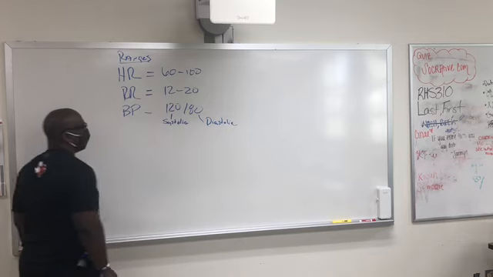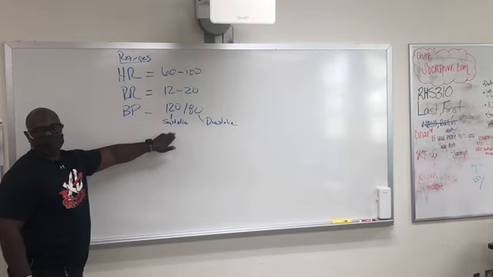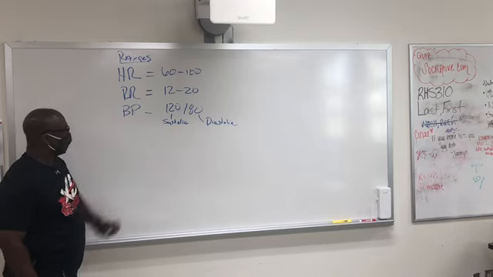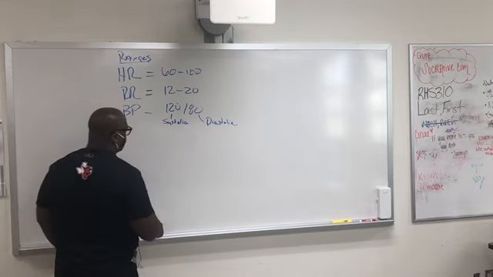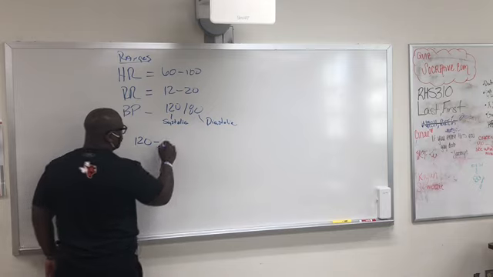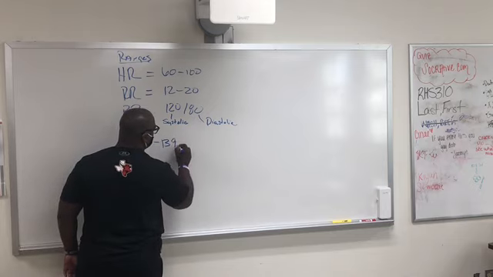Most of the time, this one is the one we're the most concerned with. So now, let's talk about the systolic. From 120, we got this down last time, I think, to 139 is considered what?